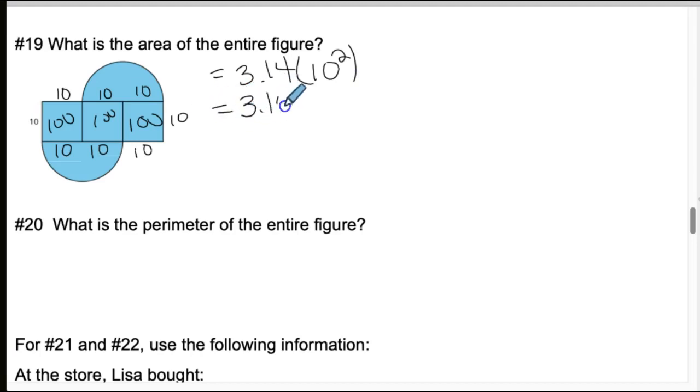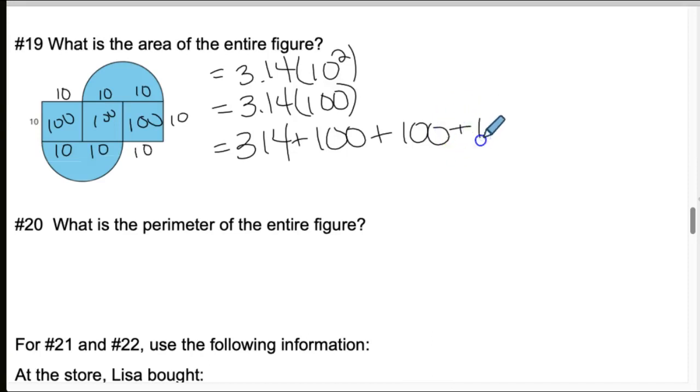So 3.14 times 10 times 10 is 100. 3.14 times 100 is 314. That would just be the circle, but then I need to add each of those other boxes. So the whole shape, 314 plus 100 plus 100 plus 100, so 3, 4, 5, 614, and it's just units, so units squared.